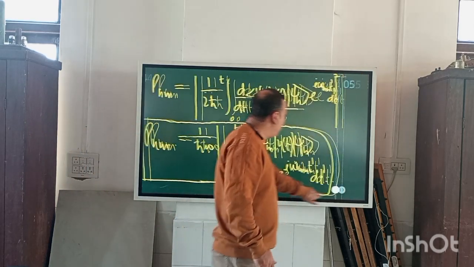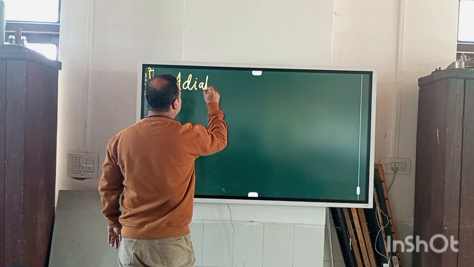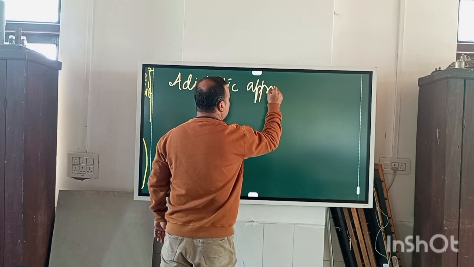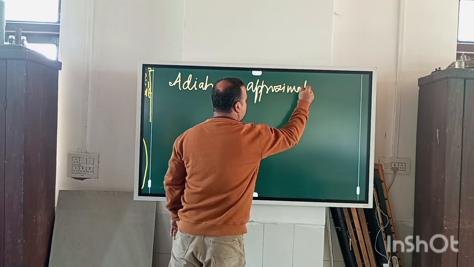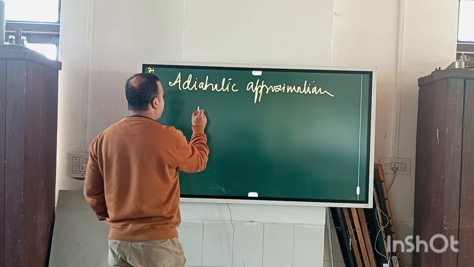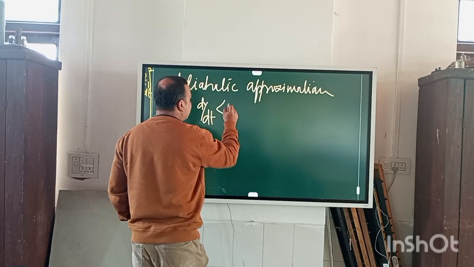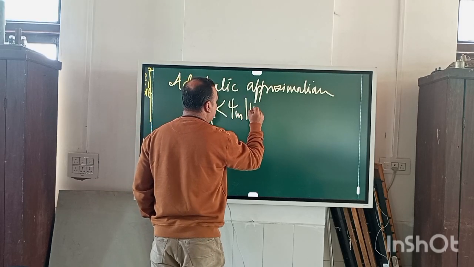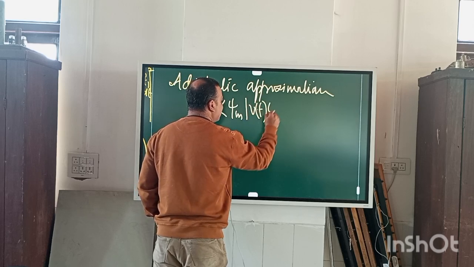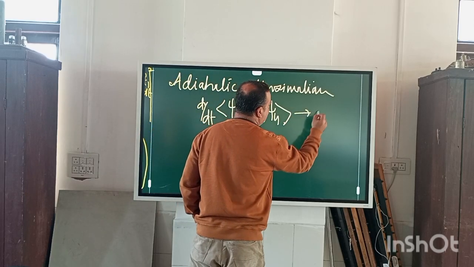So what will happen for the adiabatic approximation? Now I'll be using the adiabatic approximation. What I'll do in this approximation is treat d by dt of <psi_m|V(t)|psi_n> as constant.